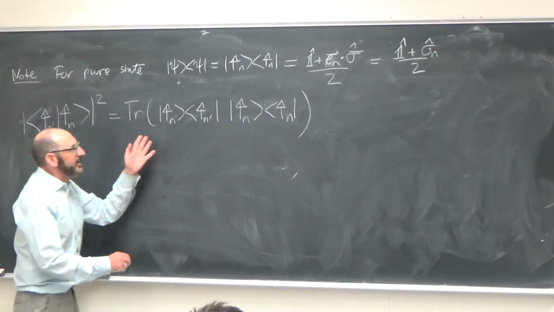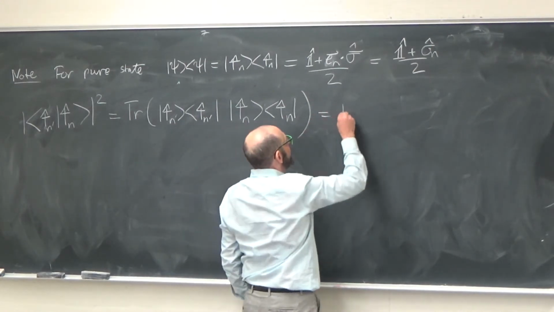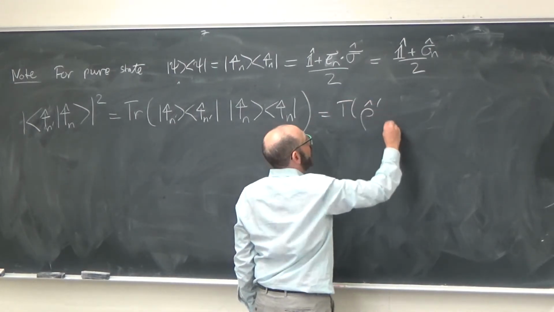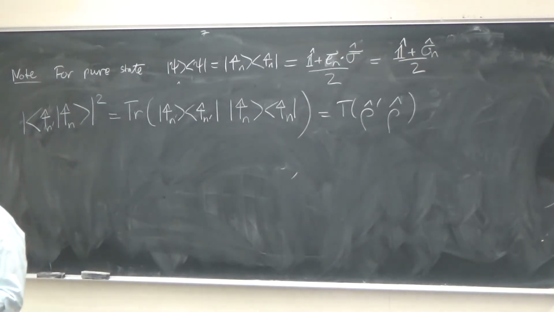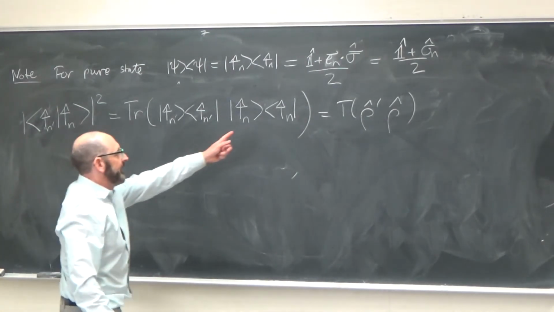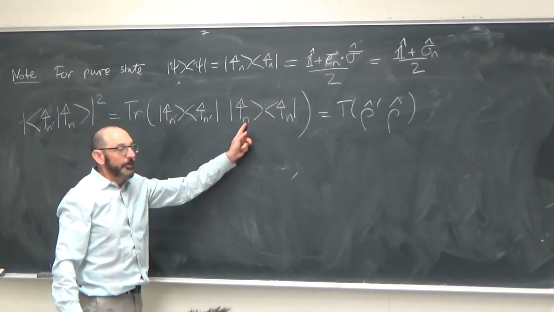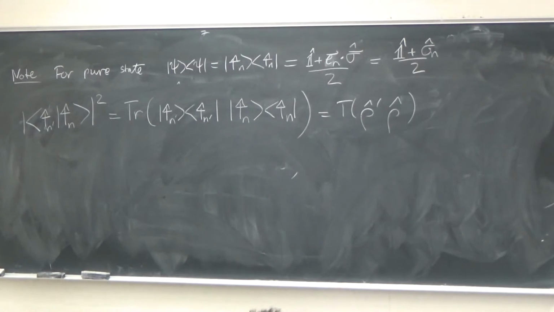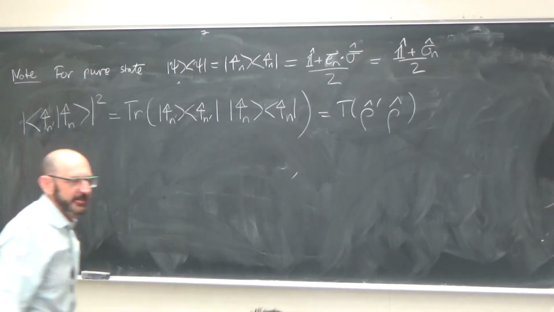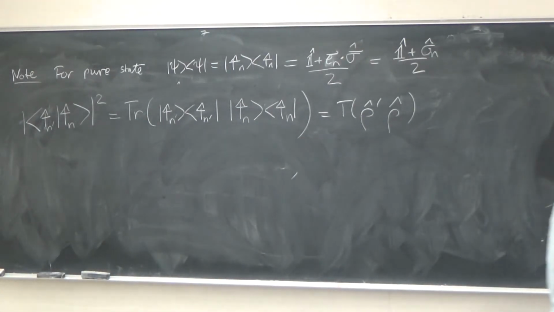This is the trace inner product of 2 states, rho prime and rho, where one of them is the state associated with this direction, and the other is the other state. It's sometimes what we call the fidelity for pure states. That's just a little word to the wise.